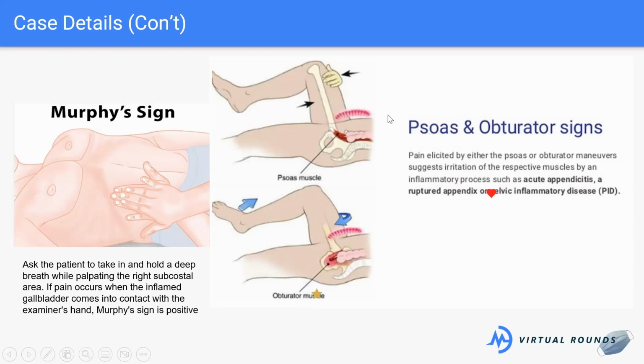If they have irritation or pain with that, then that could be indicative of appendicitis. Similarly, the obturator muscle is in that same area too. So these are for appendicitis, and Murphy's sign would be for something like cholecystitis. Okay. Any questions about those two exams?